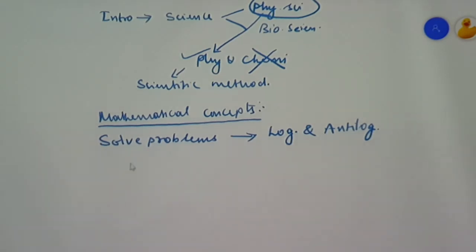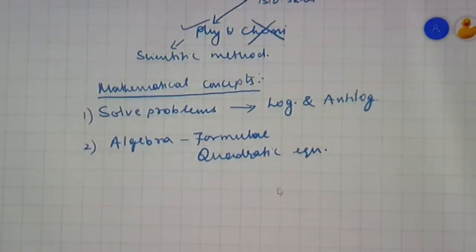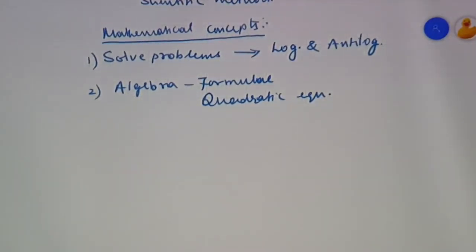Then the next mathematical concept was algebra. In algebra we studied some of the formulae, and in that we considered the second order quadratic equation. After studying this algebra, we went on to trigonometry.